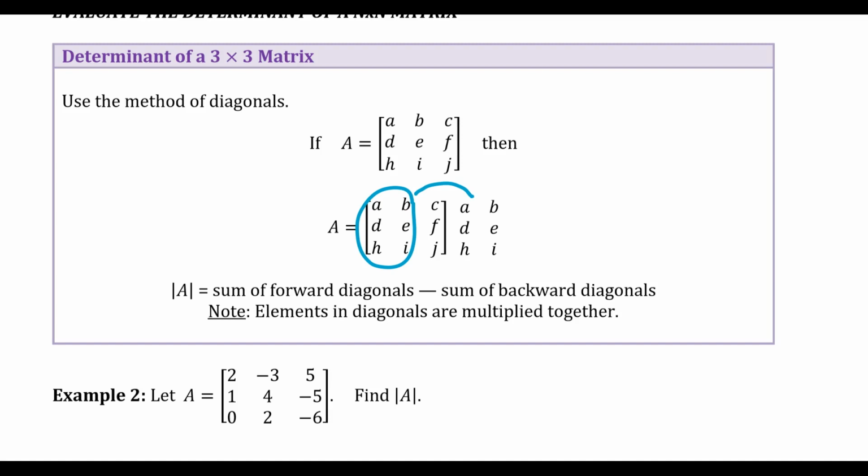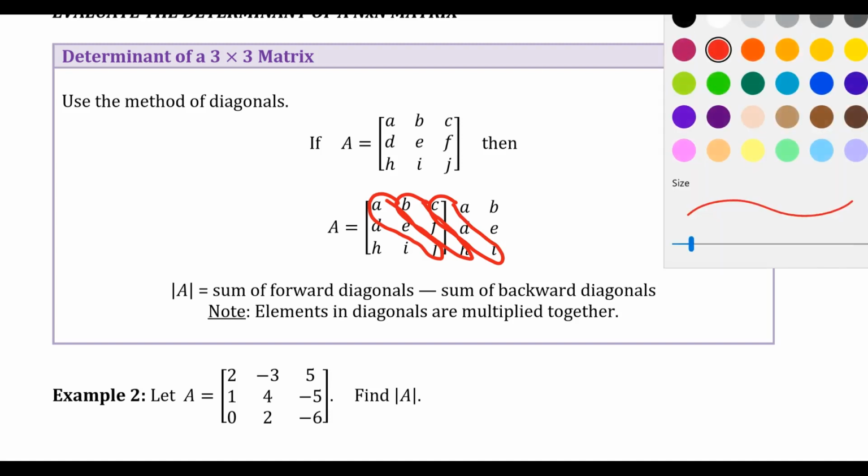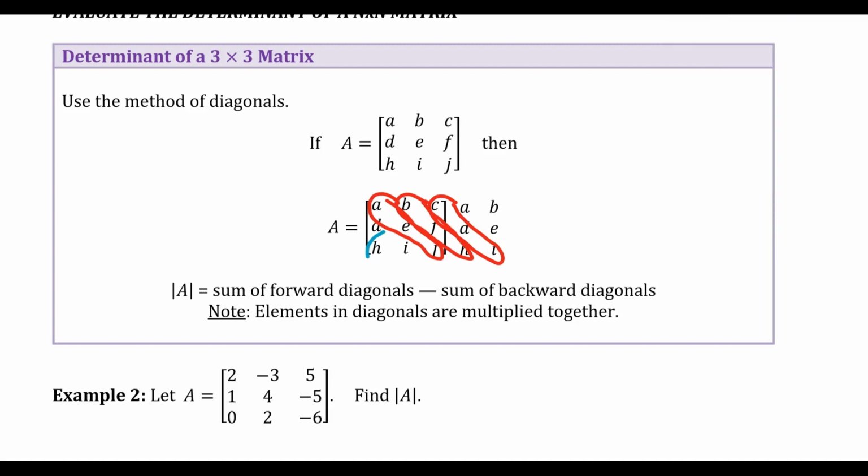After I've repeated these two columns, it's going to be the sum of my forward slashes, so these right here, minus the sum of my back slashes, or my back diagonals, so these.